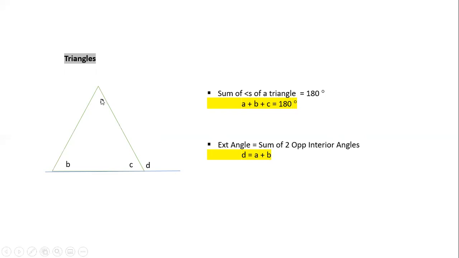These two angles, A and B, when you add them together, you get D. So we should remember that: the sum of the angles of a triangle add up to 180 degrees, and the exterior angle is equal to the sum of the two opposite interior angles.